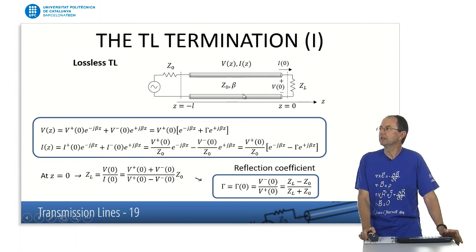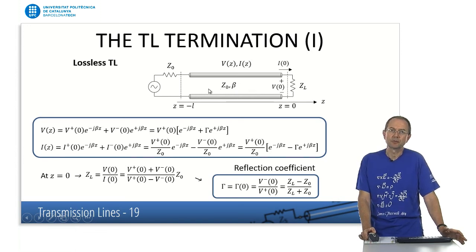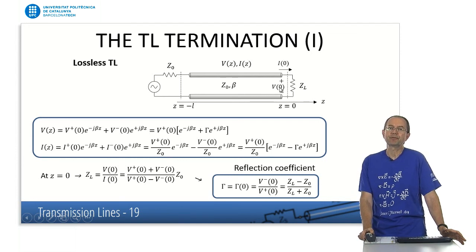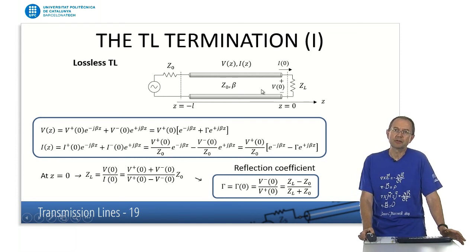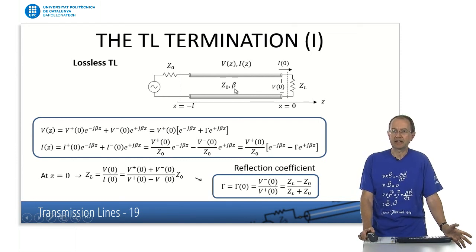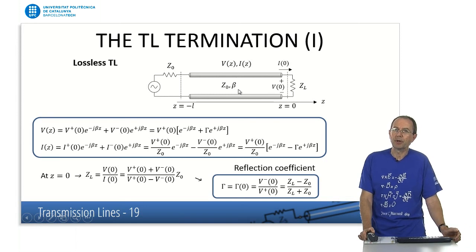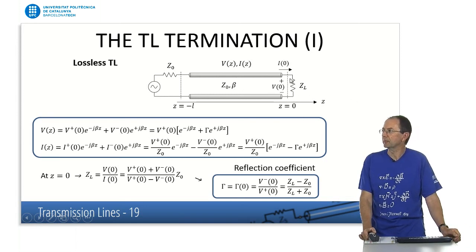So instead of considering only a wave propagated from the left to the right, if we consider now a backward or reflected wave propagated from the right to the left, we can make this situation compatible, and we can match voltage and current on both the left and right side of this connection point.